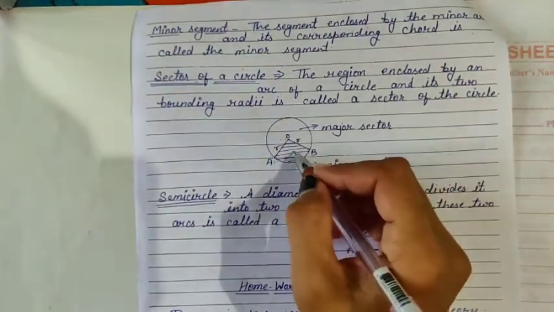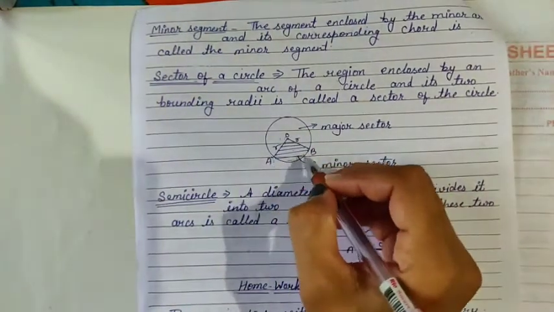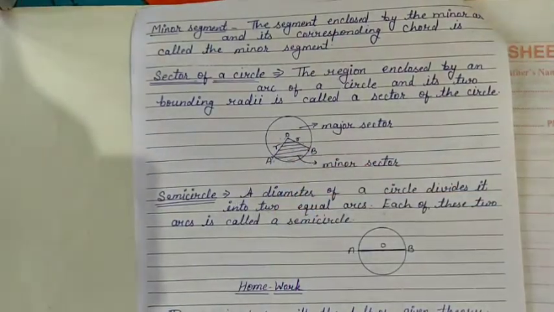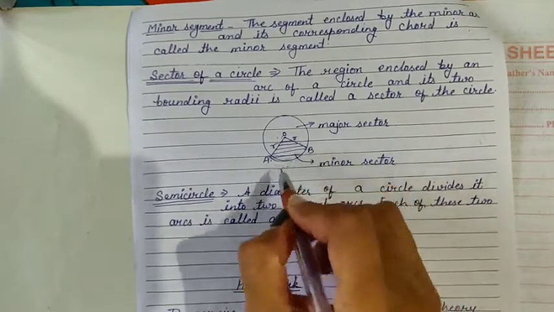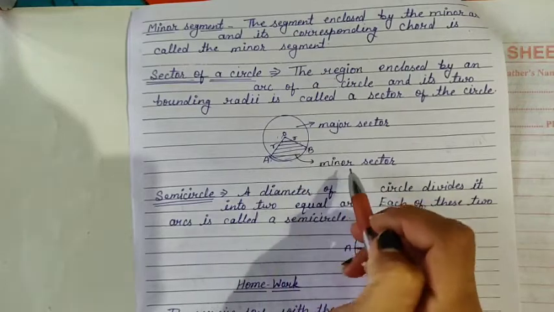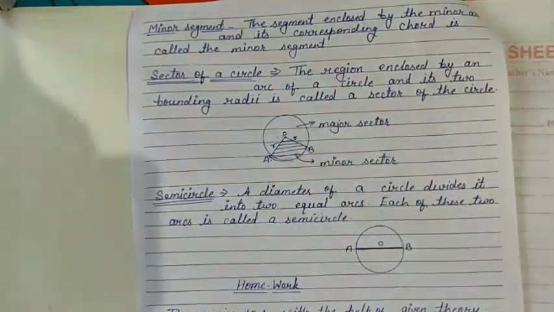So this region is called a sector of the circle. This is enclosed by this arc AB and two radii OA and OB. This region is enclosed by the minor arc, so this is called the minor sector, and this is enclosed by the major arc, so this is called the major sector.